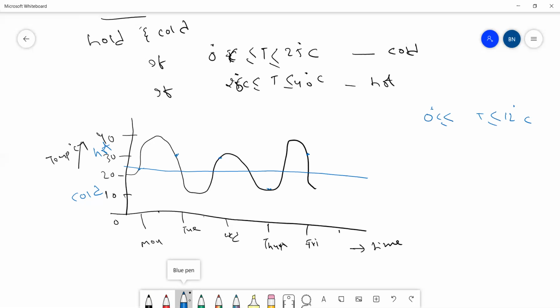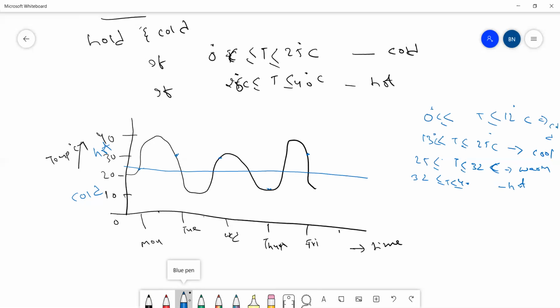If the temperature is between 13 degrees centigrade to 25 degrees centigrade, it is represented as cool. If the temperature is from 25 degrees centigrade to some 32 degrees centigrade, it is referred to as warm. If the temperature is between 32 degrees centigrade to 40 degrees centigrade, it is referred to as hot.